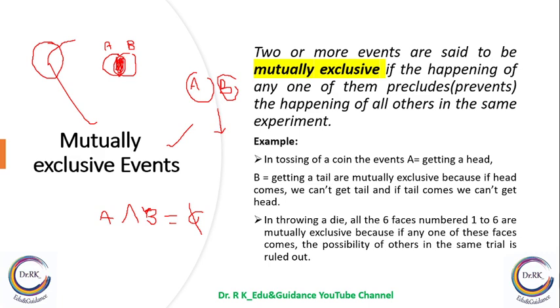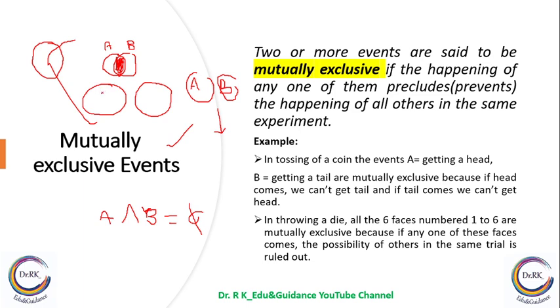Suppose this A intersection B is not there, that means A intersection B equals the empty set. That means you will have these two separated, without any common part.